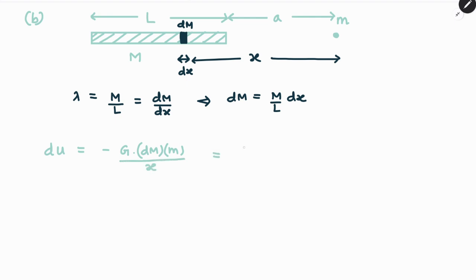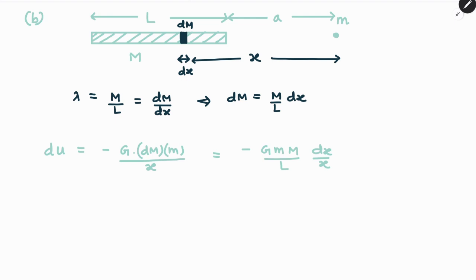So if we put this value, then we get the form minus G small m capital M by L dx by x. Now if we look at the limit of integration, we can say that the smallest distance of the rod from this end is equal to a, and the farthest distance is L plus a.